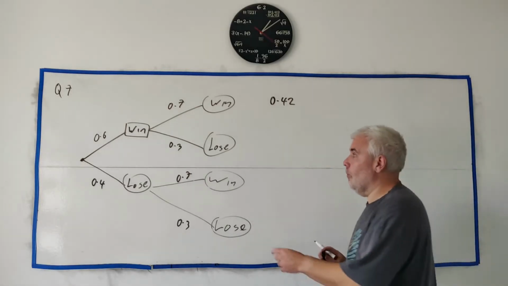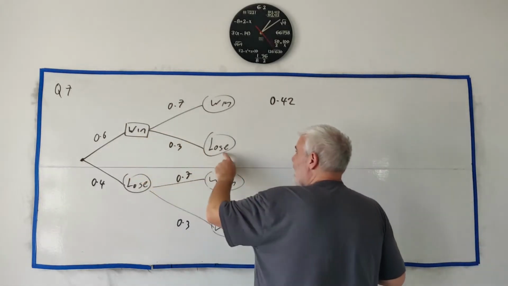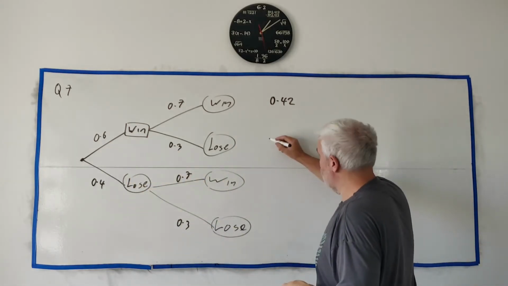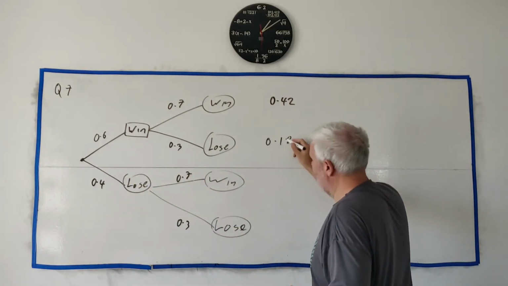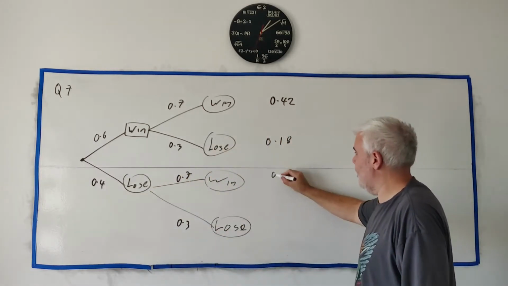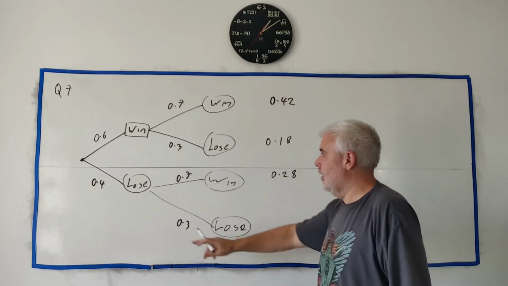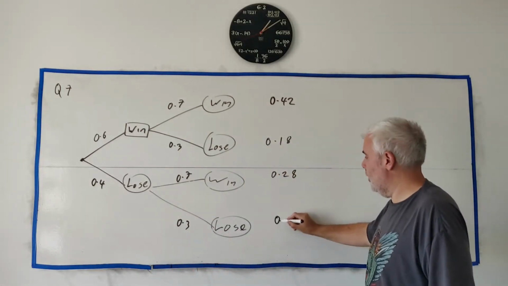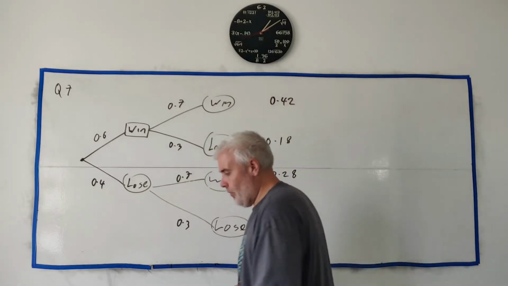We do that for all of them. The probability of winning and then losing is 0.6 multiplied by 0.3, and that's 0.18. 0.4 times 0.7 is 0.28. 0.4 times 0.3, they put this one in for us, 0.12.